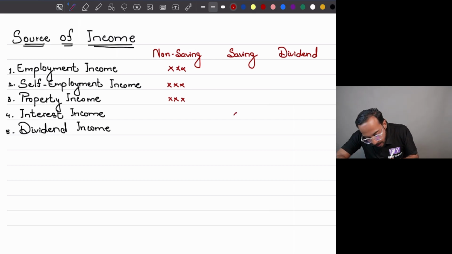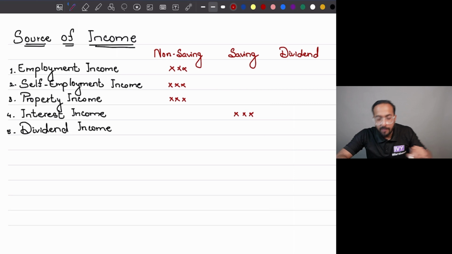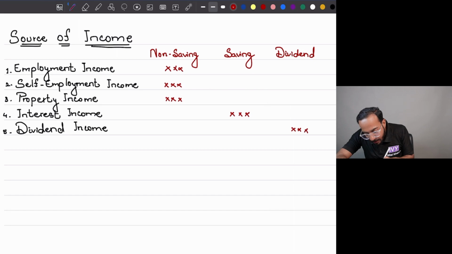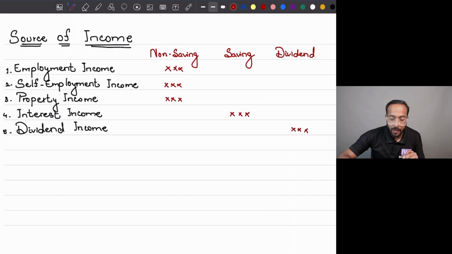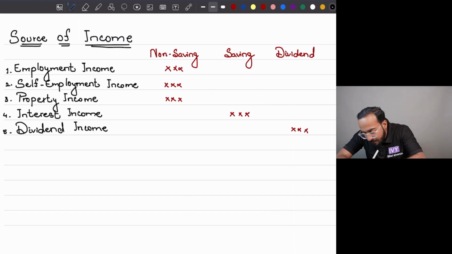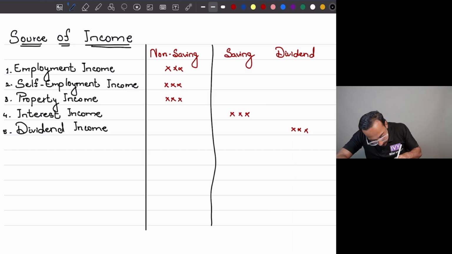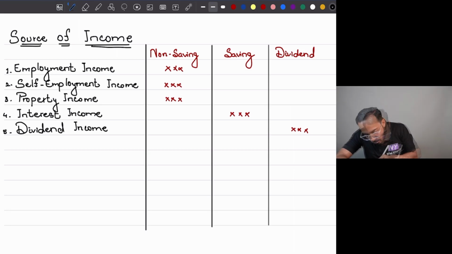The interest income will be the part of saving because it comes from the saving. The dividend income will definitely be the part of dividend. Alright. Now you have made the format which is just half format.